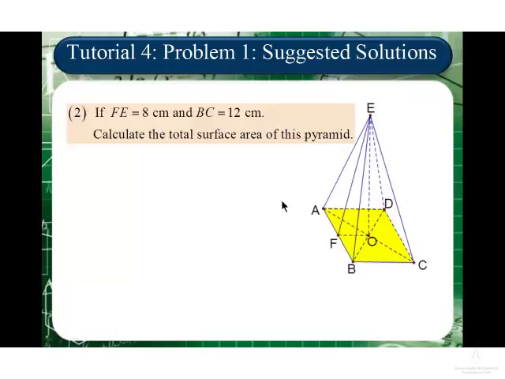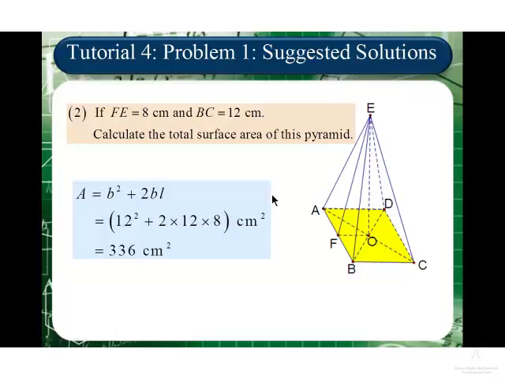In part 2 of the problem in tutorial 4, we have to calculate the total surface area of the given pyramid if we have that FE is equal to 8 centimeters and BC, that is the side length of the square base, is 12 centimeters. Well, we've established a formula for the surface area in part 1 of this problem, so it's just a matter of substituting the values.